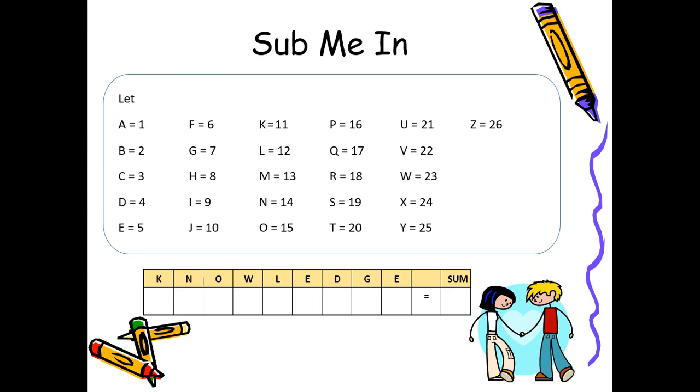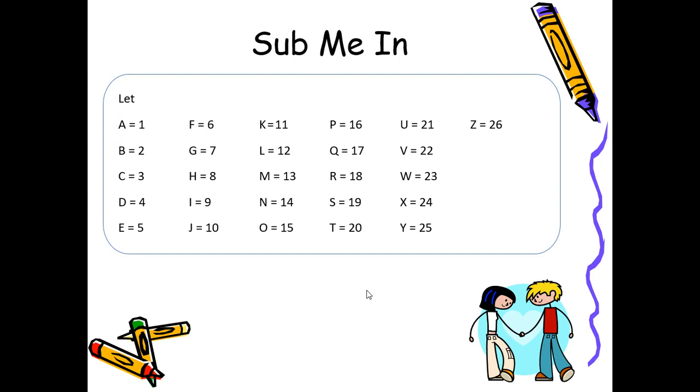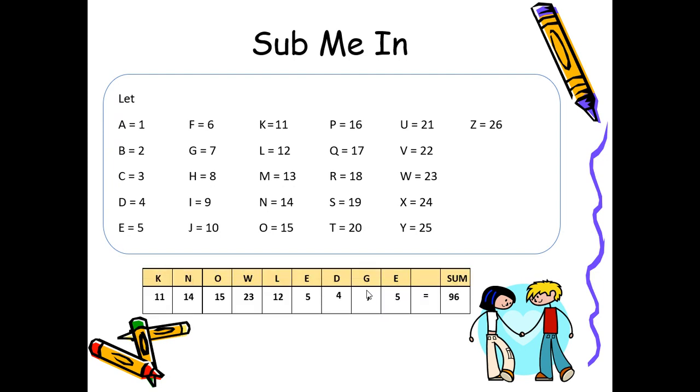Let's wait for the others, maybe there are other answers. Okay, Yvonne Shira says it's 96. Let's see if the answer is 96. For the word knowledge, the summation of the numbers is 96. So we just substitute, then add.